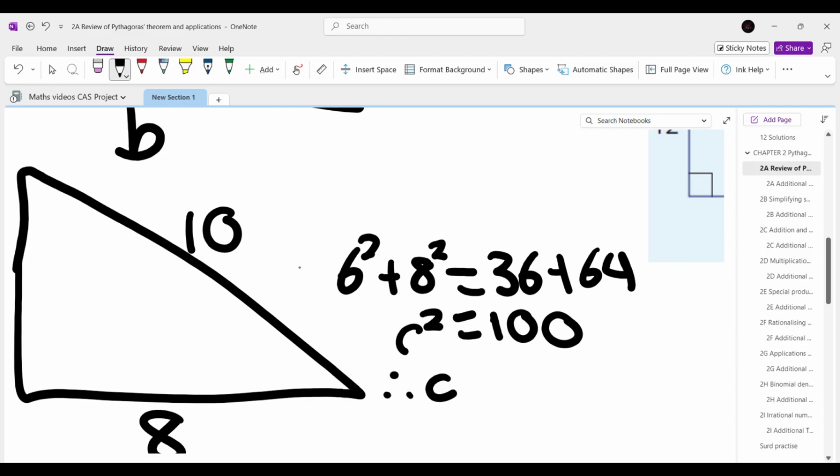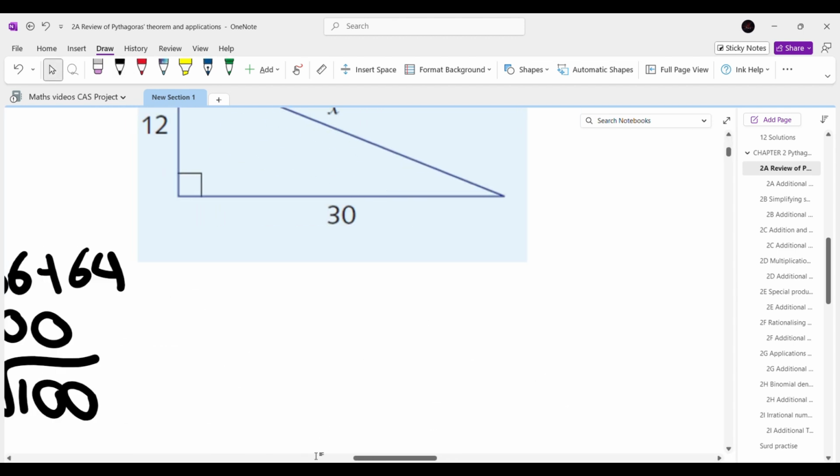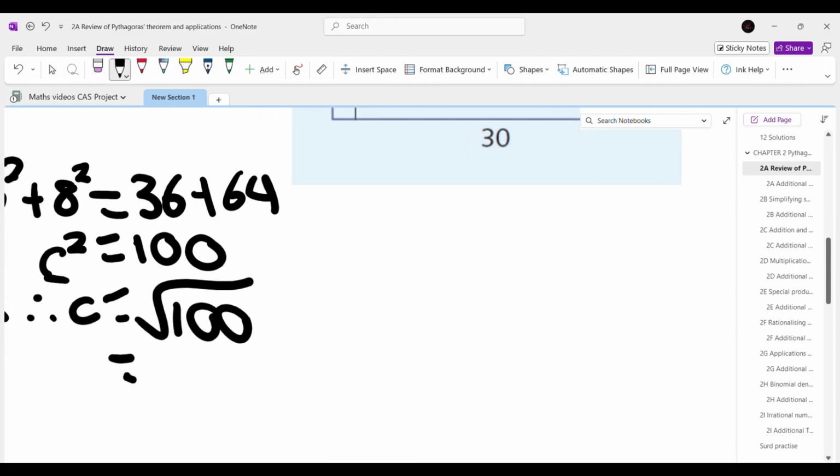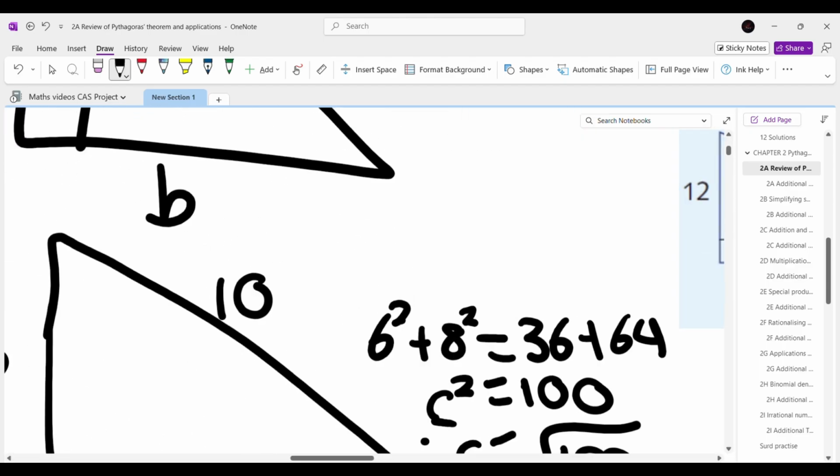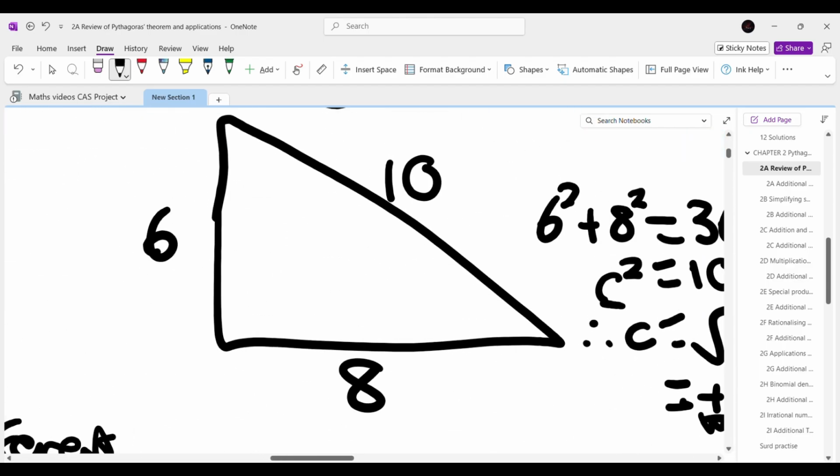Therefore, c, the hypotenuse, equals the square root of 100, which equals plus minus 10. And in geometry, we just get rid of the minus because there can be no negative length, so the length of the side is equal to 10. Therefore, the Pythagorean triplet is 6, 8, and 10, with the longer side being 10.